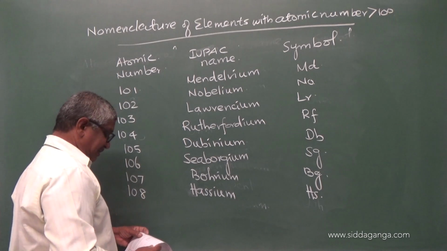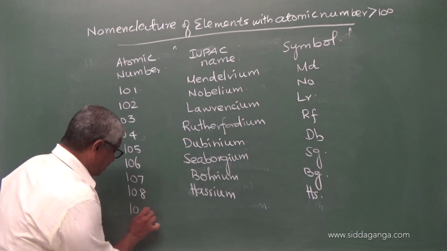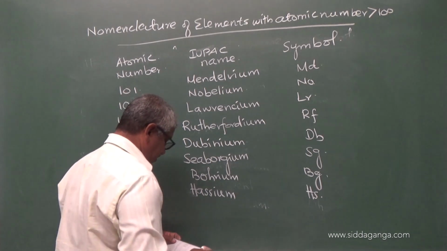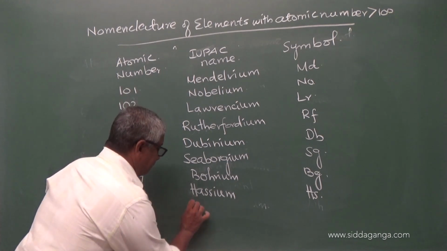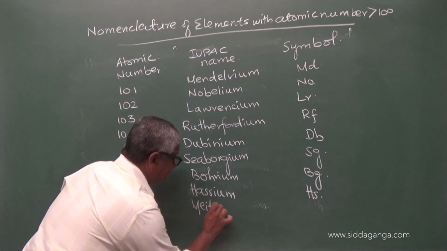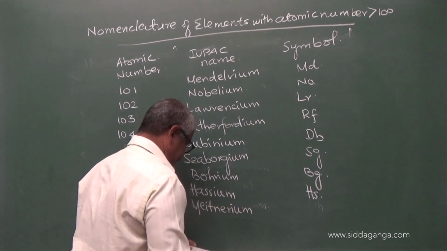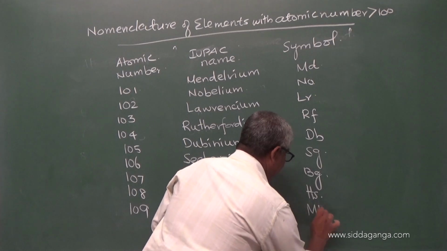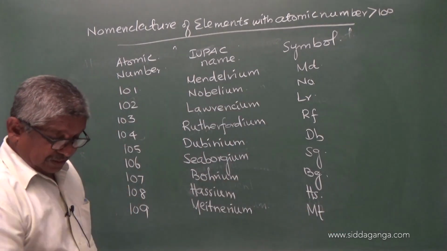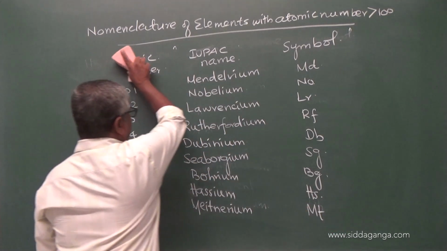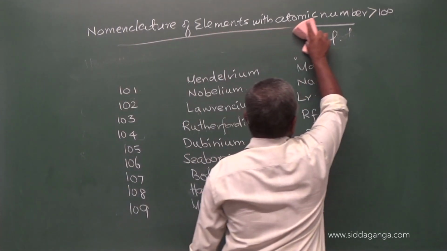Next it is 109, Meitnerium. Symbol is Mt. The other elements, two more elements, I will write on the top.